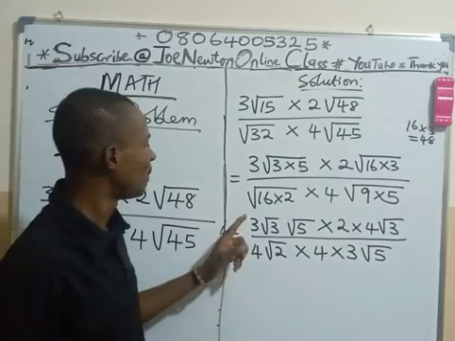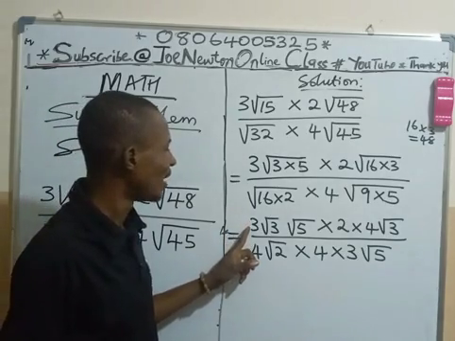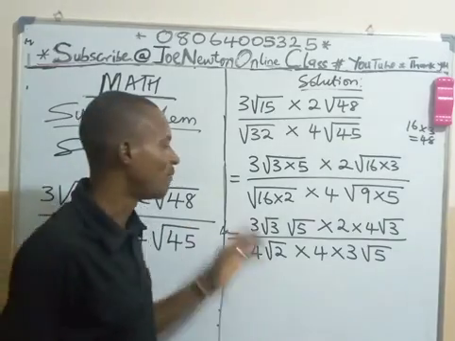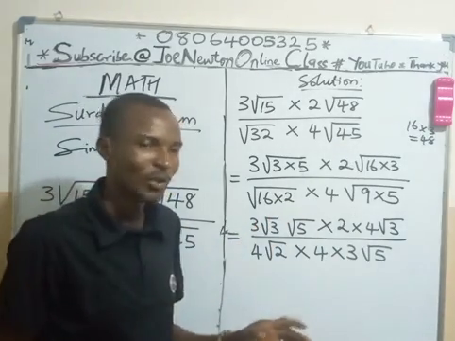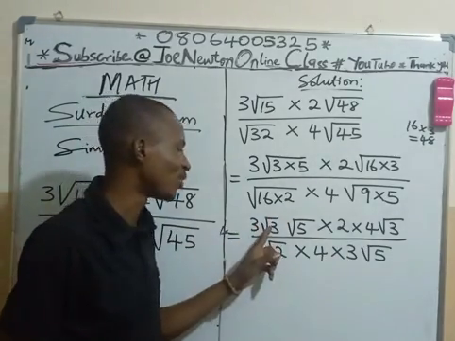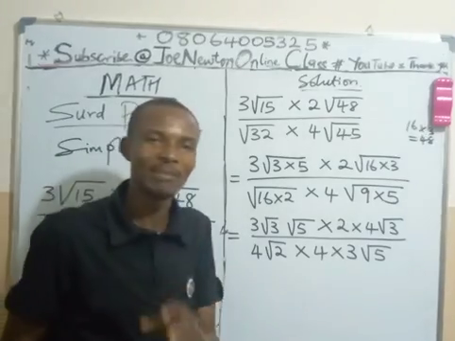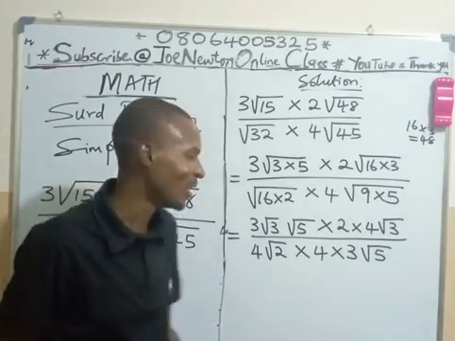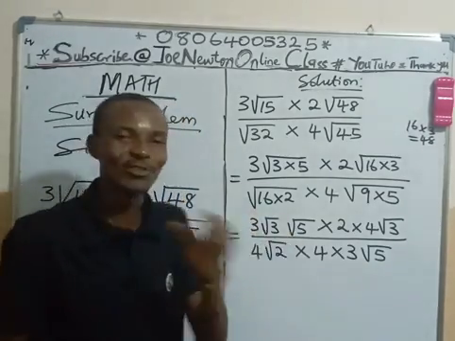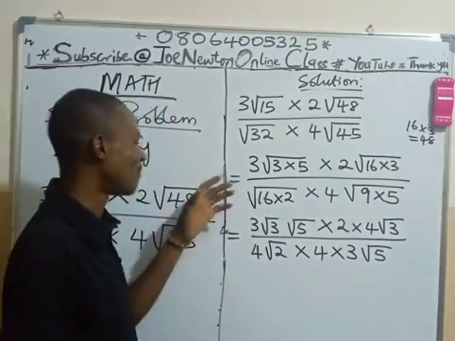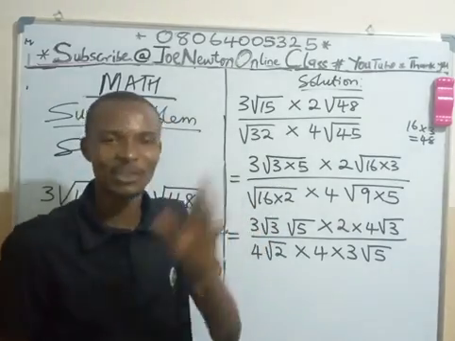You can use the number outside the surd to divide a number outside the surd. Do not use the one that is inside the surd, like this 3 here, to divide this one outside here. That will be madness in mathematics. It doesn't work that way. So surd versus surd, then rational number versus rational number.